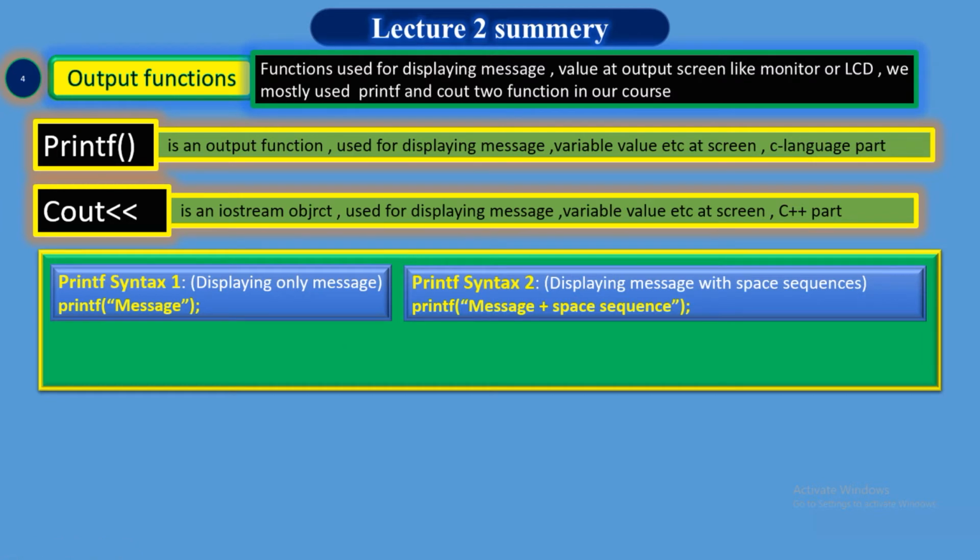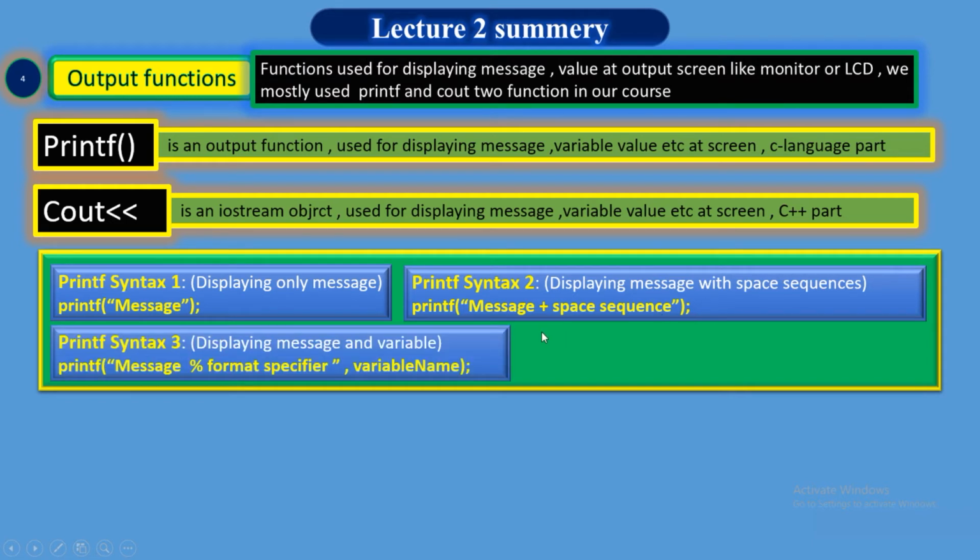Second syntax of printf, if you want to edit your message, use escape sequences with the message. The syntax is printf, bracket start, in double quotation message and escape sequences, bracket close, terminator.